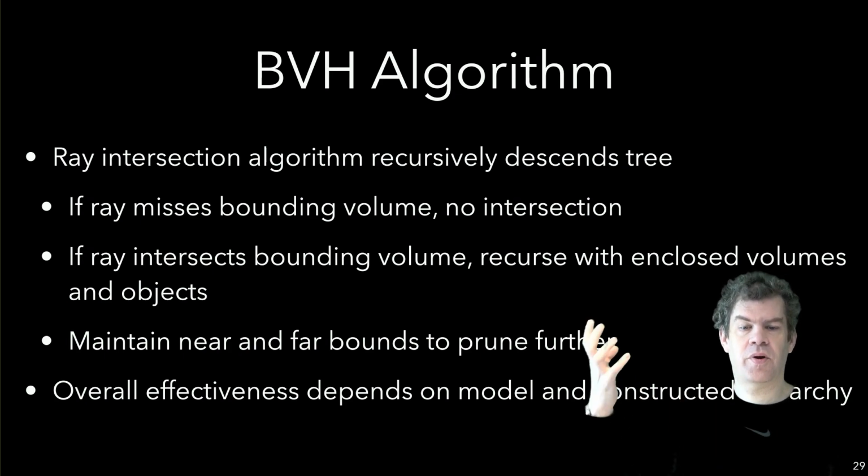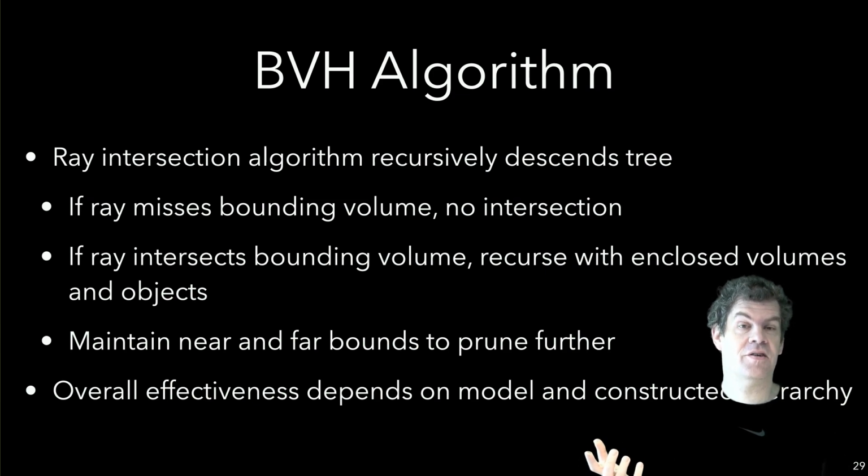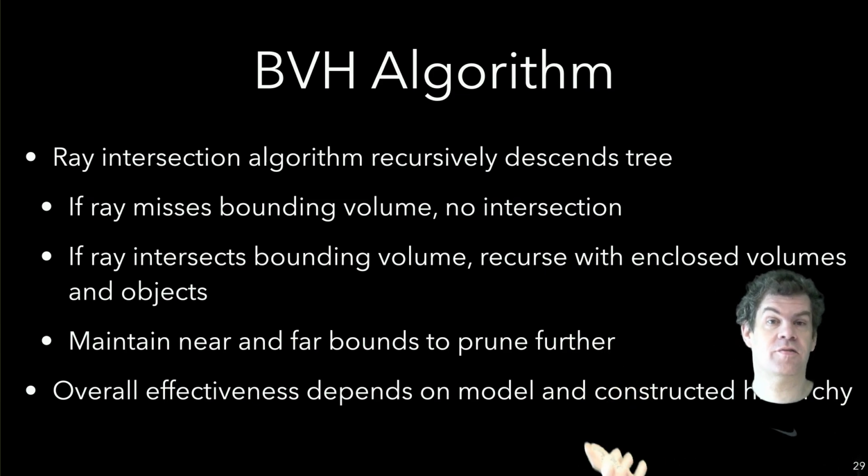And if you do this for each pixel, you end up with the number of pixels times the logarithm of triangles. This assumes that you've computed this bounding volume hierarchy, which in turn, and that's the bad news here, requires sorting, so it's n log n.